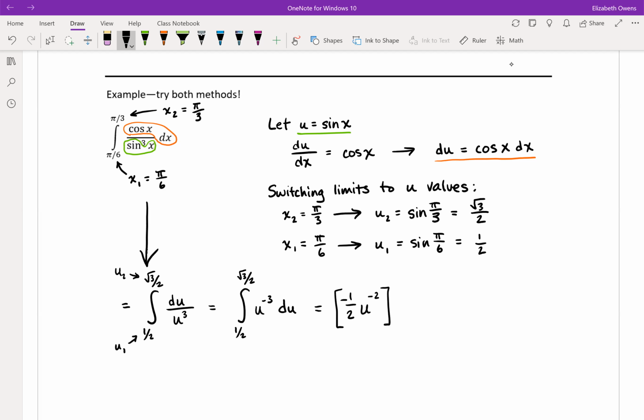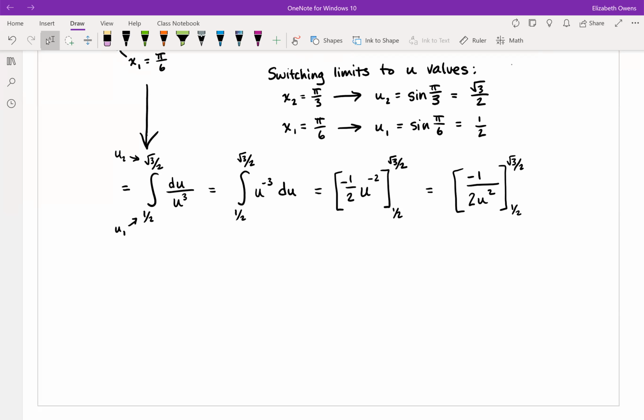Remember those evaluation bars? It's been a little while, perhaps. Okay. We're showing here that we're going to evaluate at our limits of integration. And I'm actually going to rewrite that here real quick as negative 1 over 2u squared, just because I think it's a little nicer to plug things into that without the negative exponent.